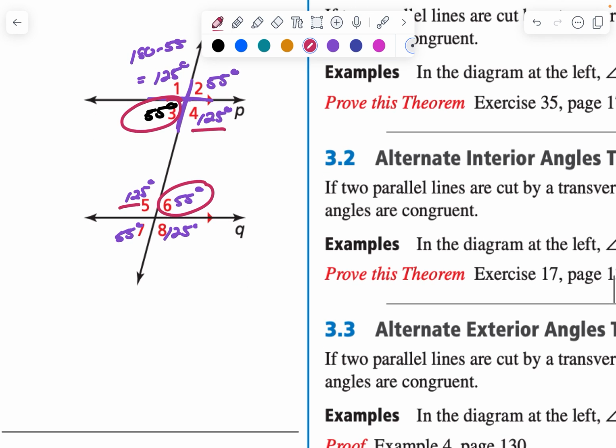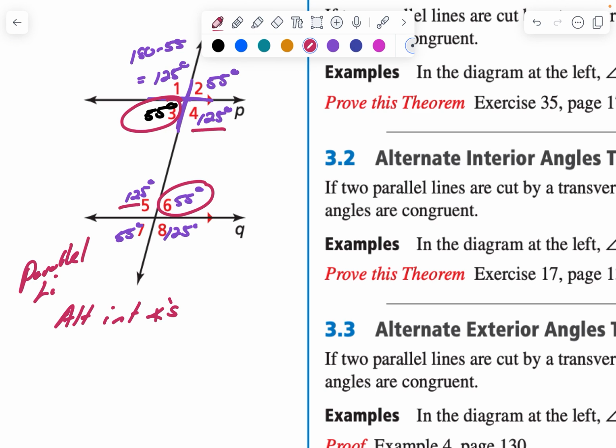Notice that we have alternate interior angles when we have parallel lines. Alternate interior angles are congruent.